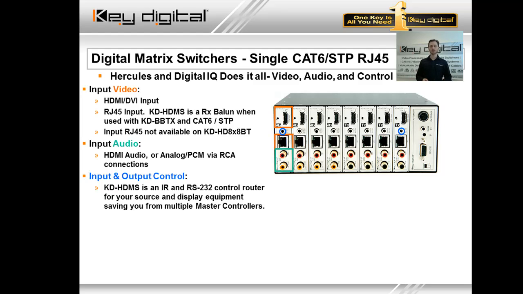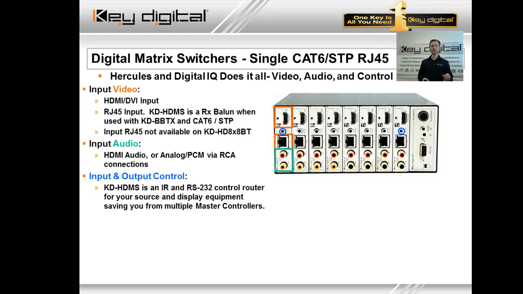You give us 1 or 2 ports from your control system, okay, RS-232 and IR, we're able to route that signal through every single 3.5 port on this matrix, or any combination of 3.5 ports on this matrix. Additionally, any BBTX, BBRX that's married in with the HDMS, or CAT HD 500RX that's married in with the HD 8x8 BT.